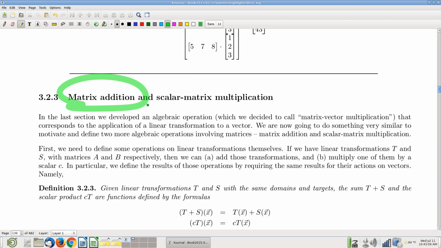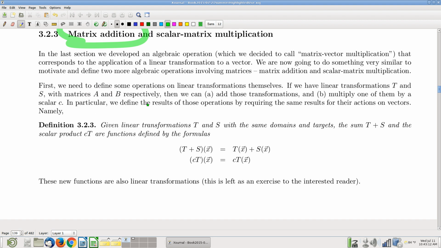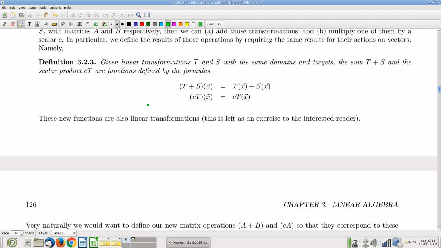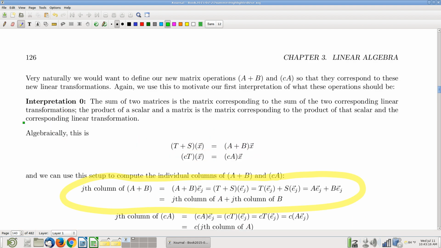So same thing here. What should it mean to add two matrices? Well, don't forget, matrices represent linear transformations. So when I add two matrices, I'd better think of that as adding the two corresponding linear transformations. In other words, adding these two functions.